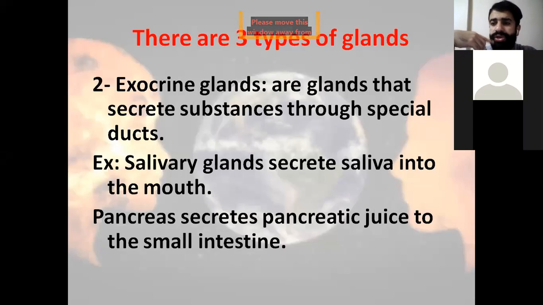It has an important role in helping digest the food, and to be more specific, it has a role on starch. Remember from grade 9. So it has a role in digestion of starch. It contains the enzyme called salivary amylase. So salivary glands secrete saliva into the mouth, whereas the pancreas secretes pancreatic juice to the small intestine.